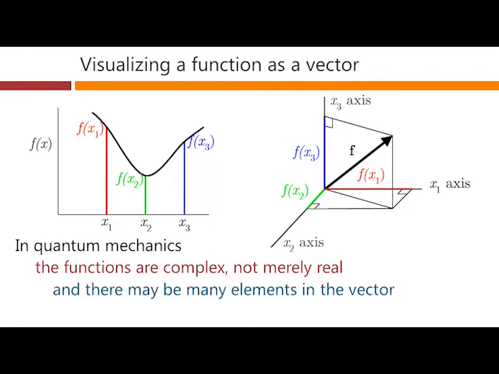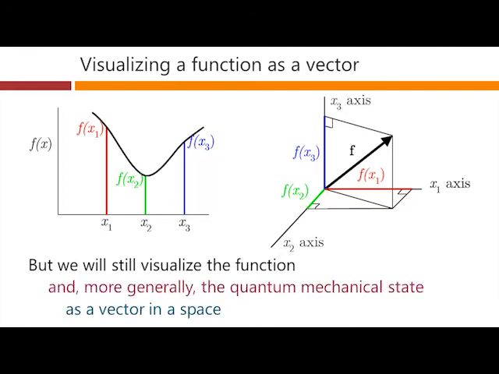And there may be many elements in our vector, or our function, so we have to think about more dimensions here. We may end up having an infinite number of dimensions, not just three, but we'll still try to visualize, at least in our minds, that maybe we can think of a function as a vector. It's a little difficult to visualize this projection here being a complex number, but we'll still imagine that we might be able to think of a function as a vector in some space that is in some way a generalization of ordinary geometrical space.